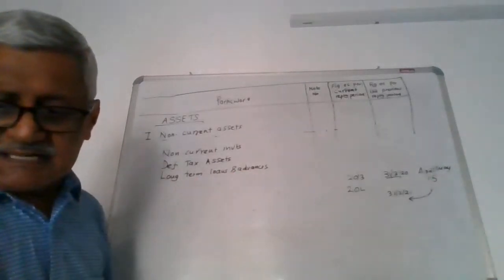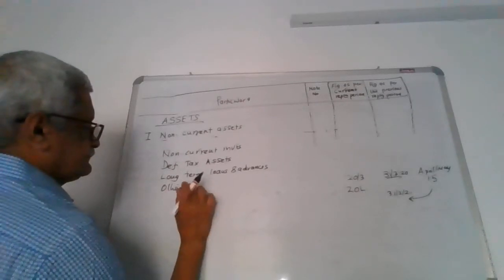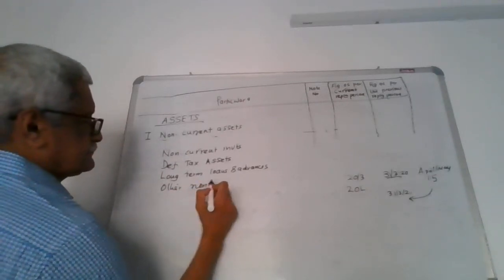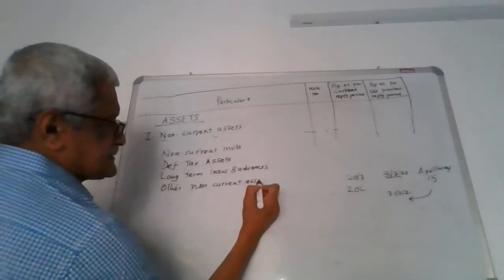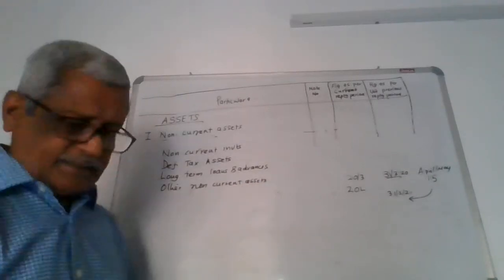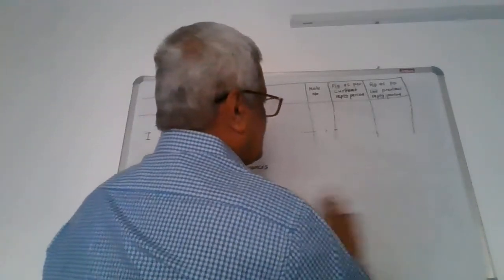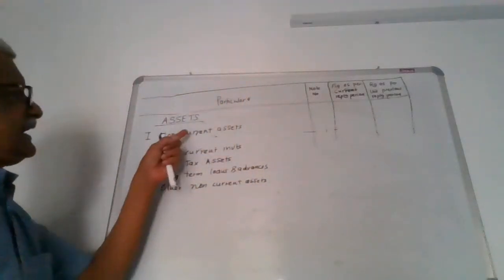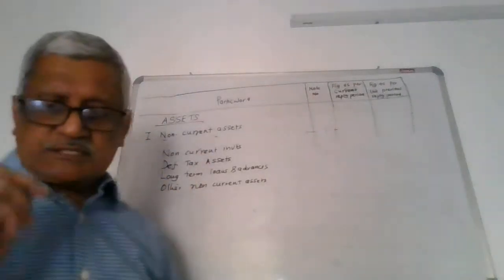And the last one is other non-current assets. So we have completed one item coming under fixed assets, and now let us move on to the second non-current asset. It is nothing but non-current investment.